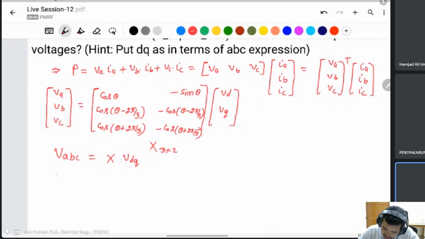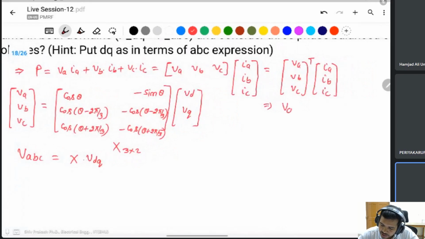Then what is the VABC transpose? You can write the VABC vector transpose into IABC, same thing.